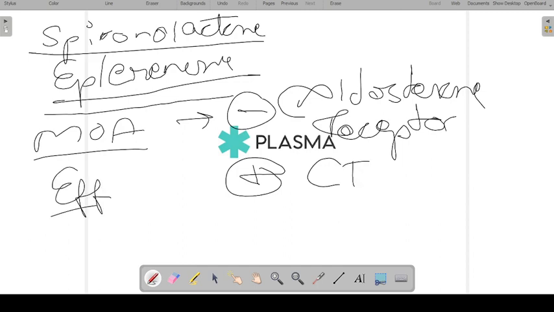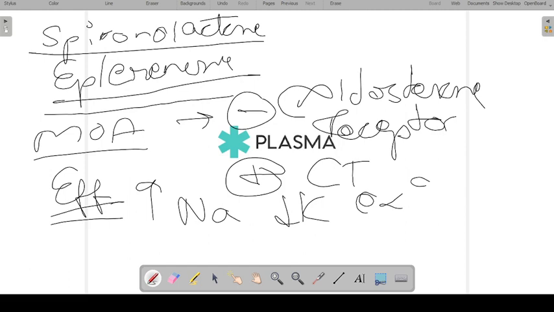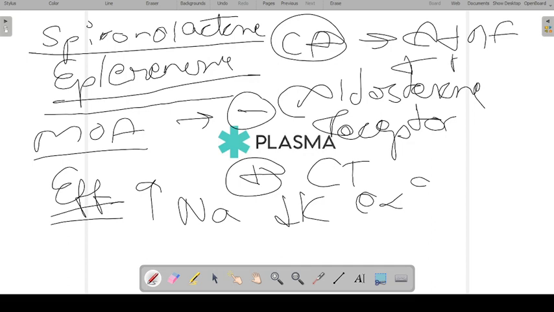Their effects: they increase sodium and decrease potassium excretion. Now, the clinical application: aldosteronism plus heart failure plus hypertension.